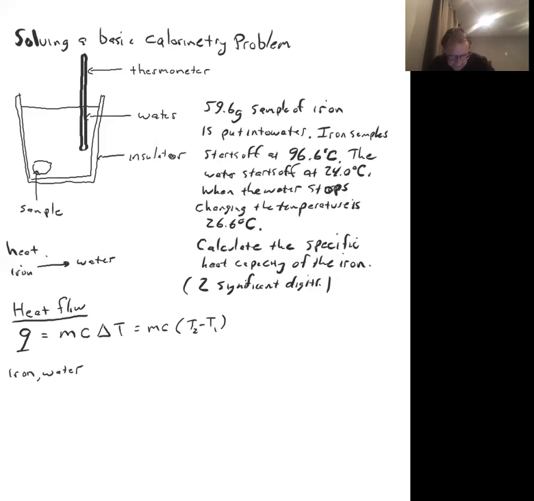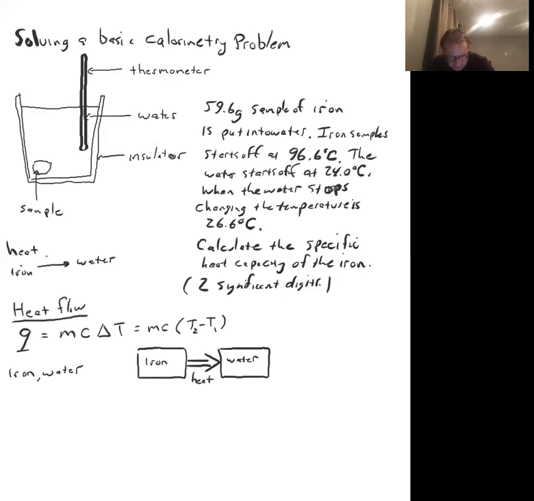And here's what we say. The heat that goes out of the iron, okay, remember, heat's going to flow out of the iron because the iron is hotter, is going to go into the water. Actually, let me label it a little bit differently. So this is the iron, this is the water. Heat is going to flow from, again, the hotter object to the colder object. So how do we deal with that in terms of a calculation?